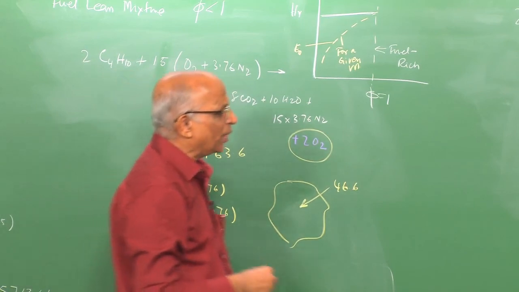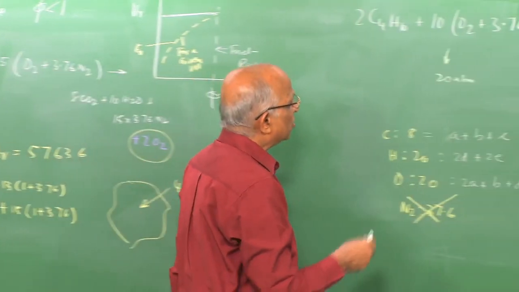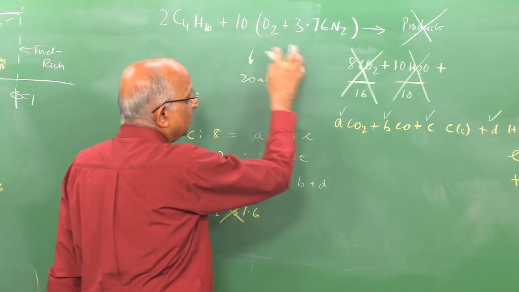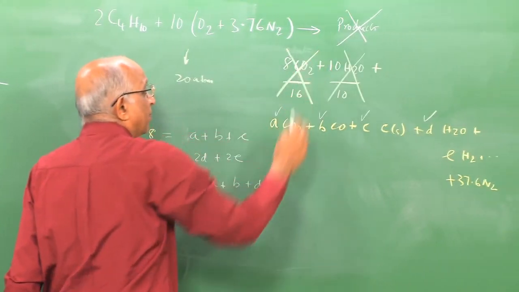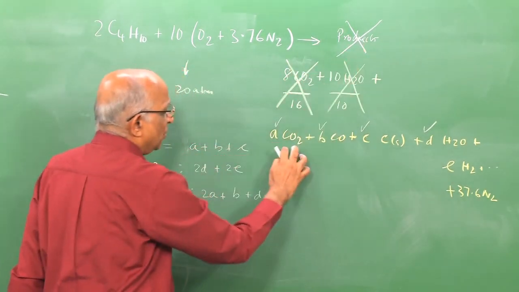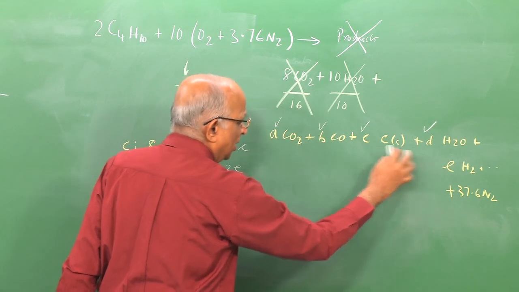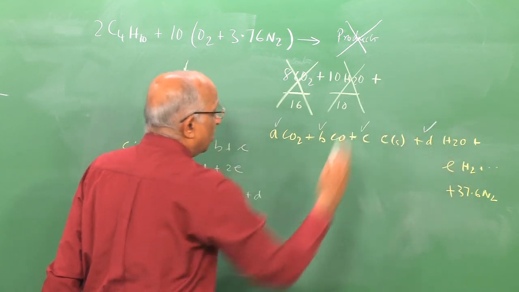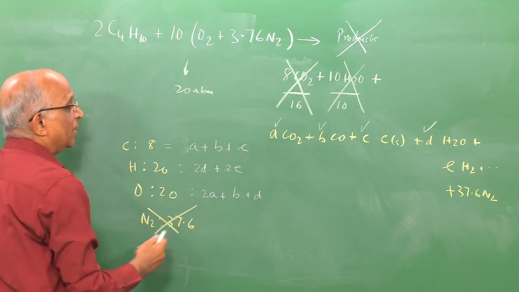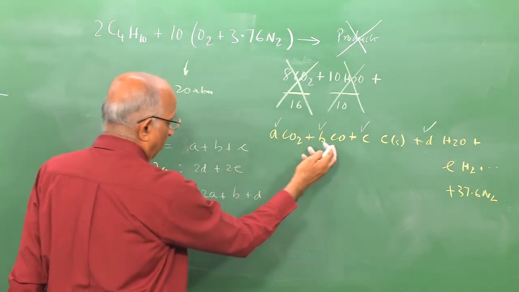One way of doing it is, we tell ourselves, well, I have a reaction taking place, and the energy release heats the products to a high temperature. At that high temperature, the products like CO2, CO, C, H2O, H are in equilibrium, and when things are in equilibrium, I can use thermodynamics to calculate the particular ratios.